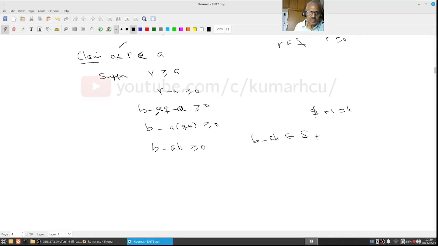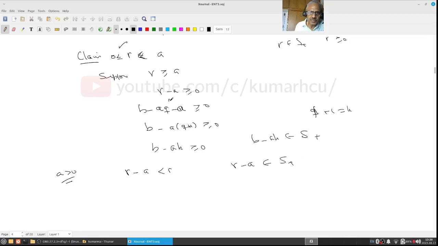Do you follow that? This is greater than or equal to 0. Therefore, I have r minus a is greater than or equal to 0. Now, notice that r minus a is strictly less than r since a is positive. But r minus a is an element of S plus.